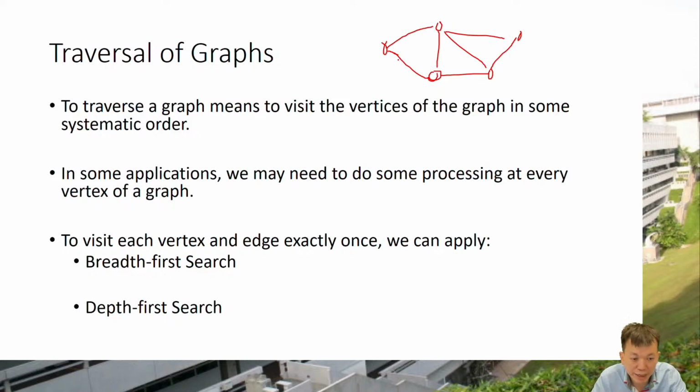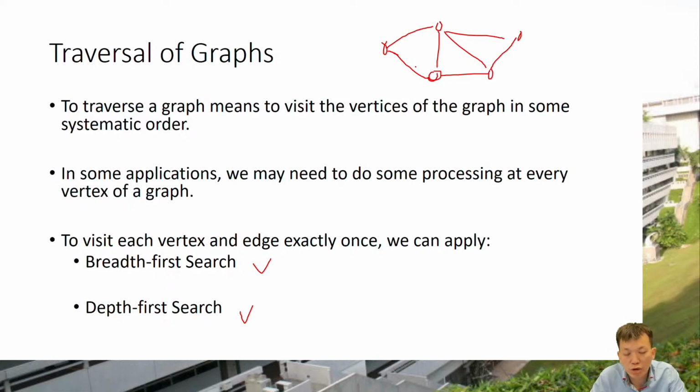There are a lot of ways. Here we introduce two, breadth search and depth search. They can help us solve some real-world problems, like finding the shortest path or finding some solution, after visiting every node. Maybe every node is a possible solution.